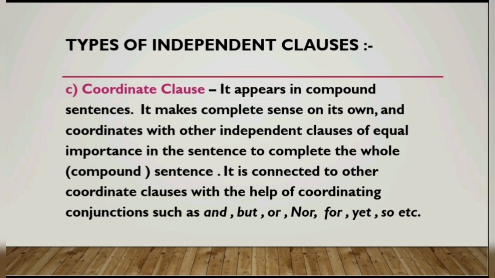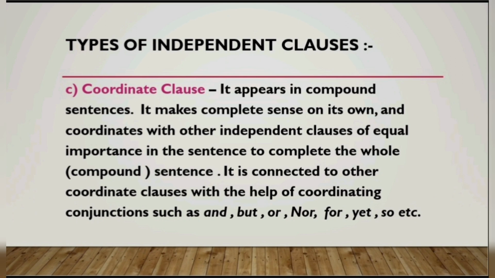They are connected to other coordinate clauses, and those coordinate clauses are basically independent clauses, joined with the help of coordinating conjunctions like and, but, or, so, nor, for, yet.